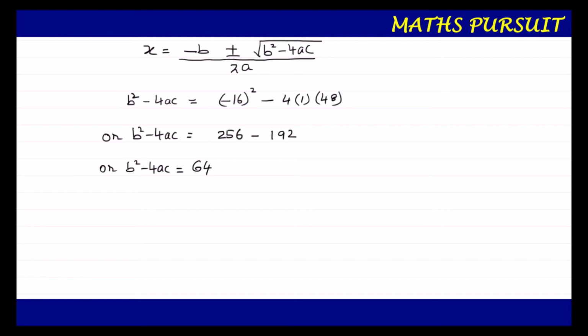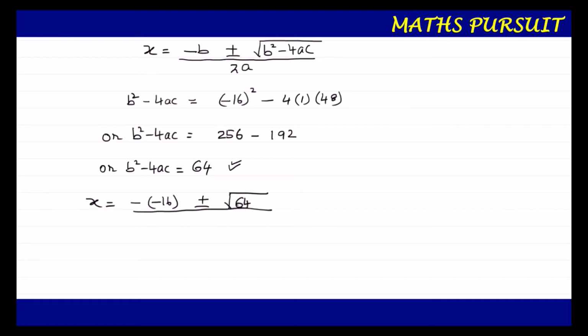Now let us put this value of b square minus 4ac into the quadratic equation formula and try to extract the values of x. So x is equal to minus b. Minus b means it is minus 16, because the b value is minus 16, plus or minus root over b square minus 4ac. We got the value for b square minus 4ac as 64, upon 2a.